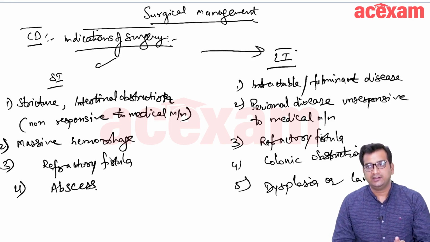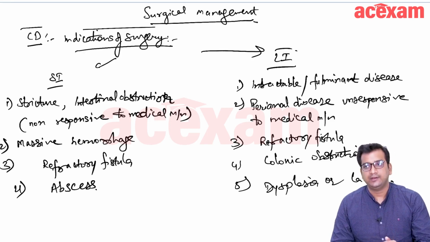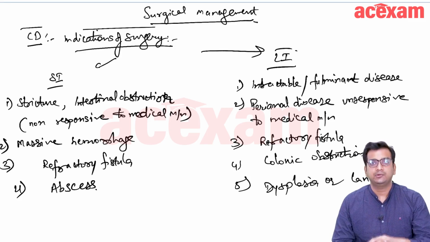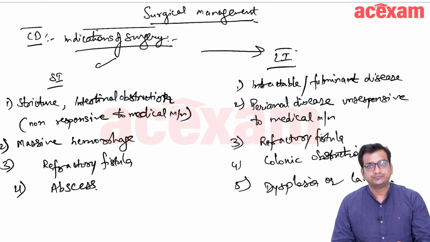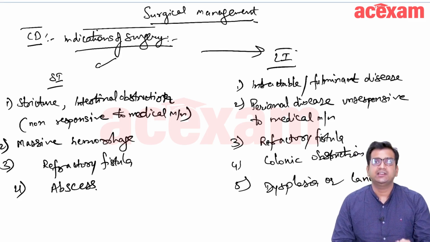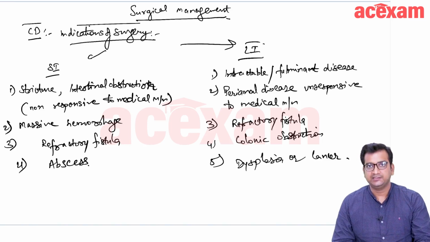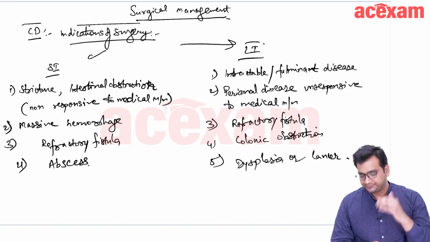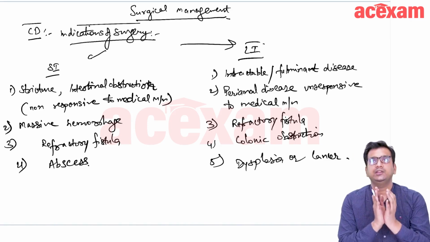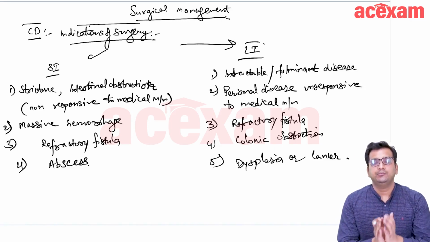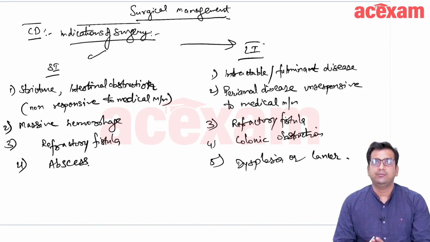In ulcerative colitis, we generally go for a total colectomy, a total proctocolectomy or a subtotal colectomy, because it is a continuous disease, whereas in Crohn's disease there are skip lesions, and we generally remove only the involved portion or the portion which is causing the current problem.